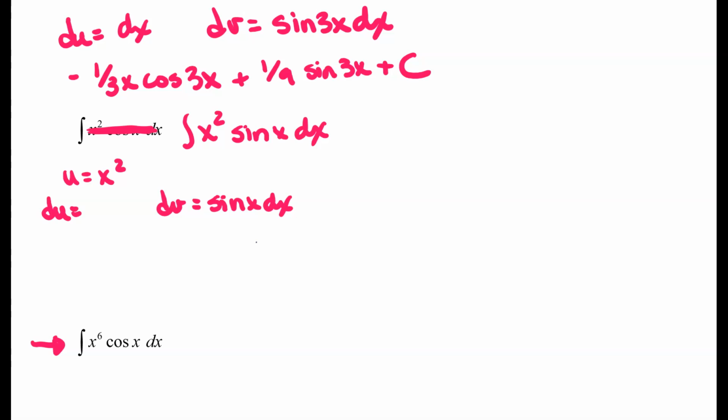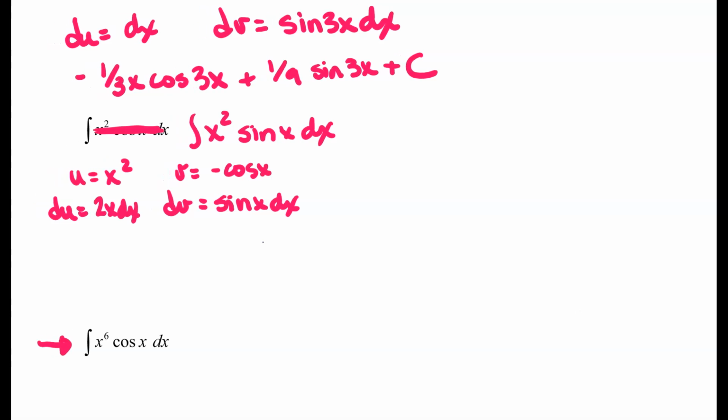Differentiating u, we get du to be 2x dx. And taking the antiderivative of sine of x, we get negative cosine of x. And then let's just over here to the side, remember that when we have u times dv, which is what we've split this up into, that's equal to u times v minus the integral of v du.